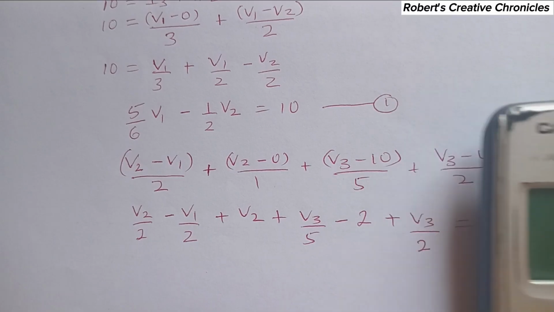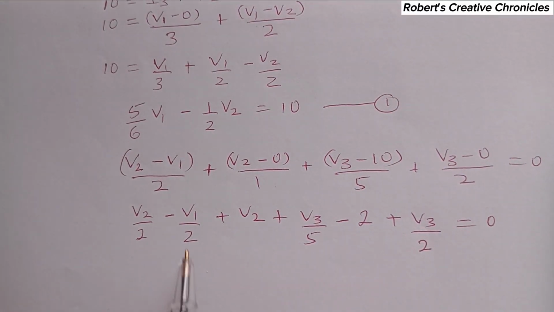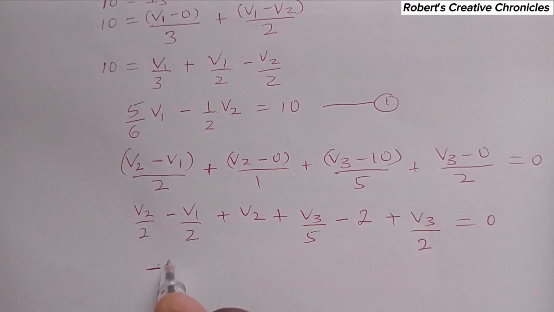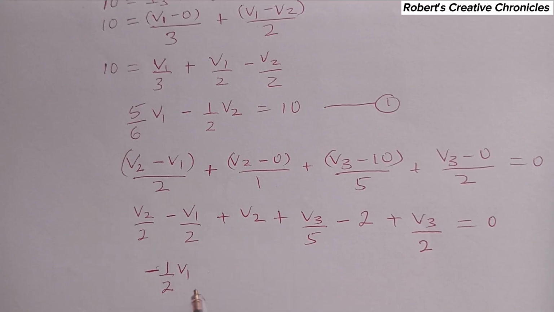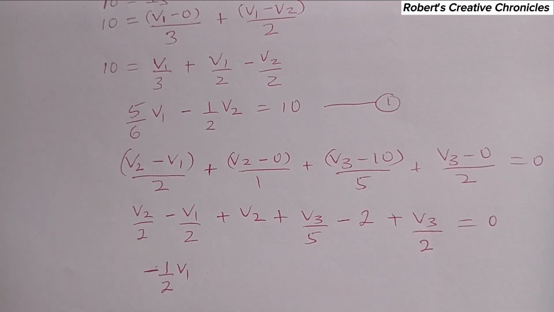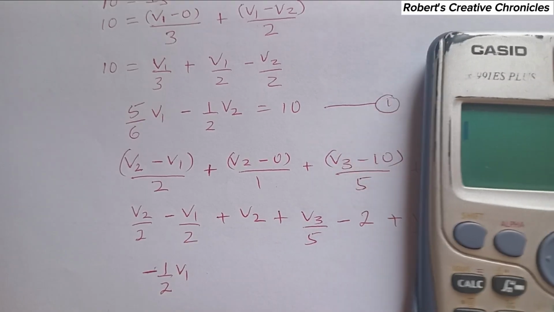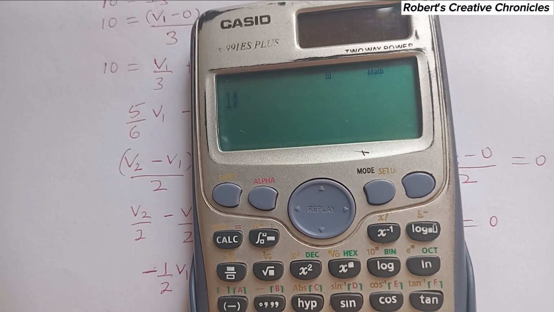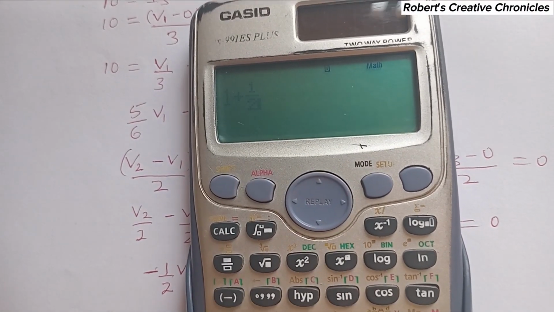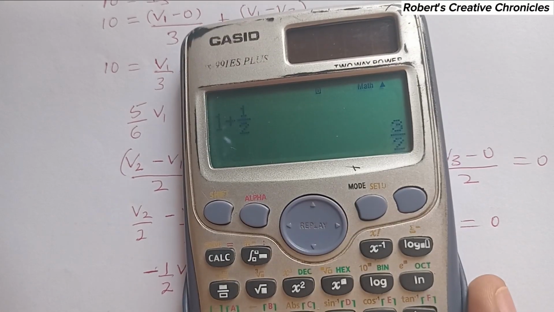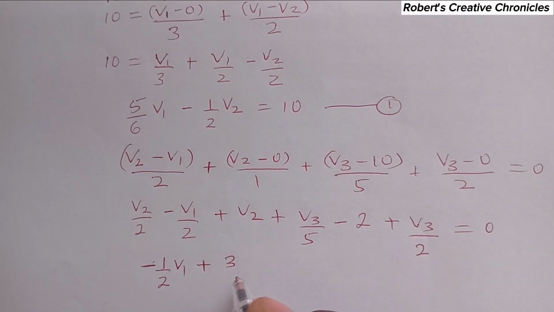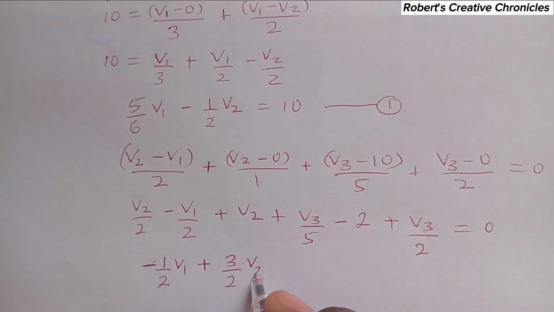Now we will add. V1 is on its own, so we'll have negative half V1. For V2, 1 plus 1 over 2 is 3 over 2, so plus 3 over 2 V2.